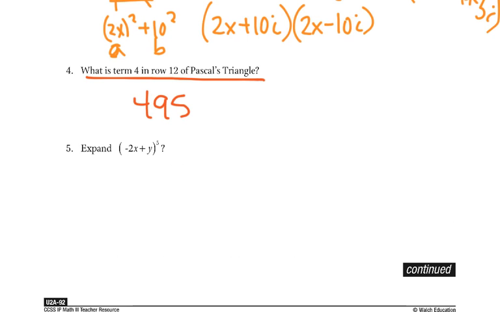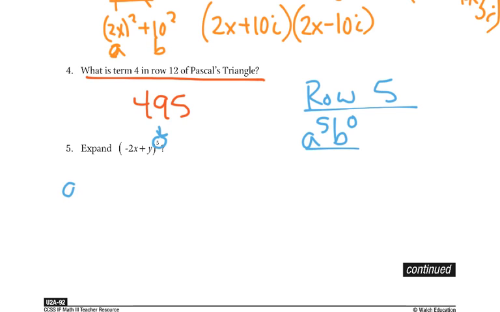Okay, now when we're expanding, the exponent tells us what row, right? And it tells us what to start our coefficients with, and our powers.